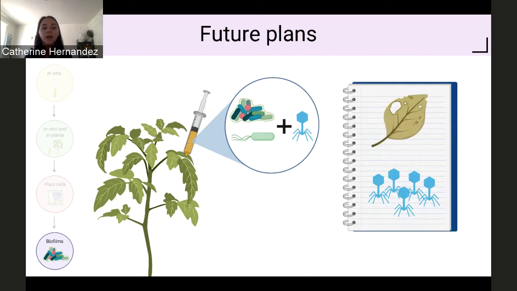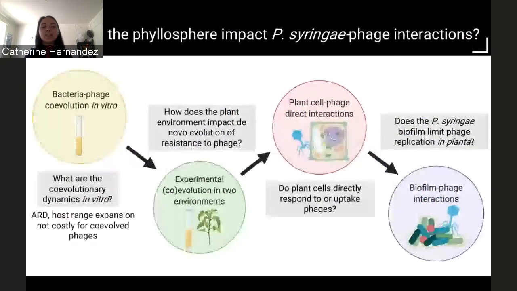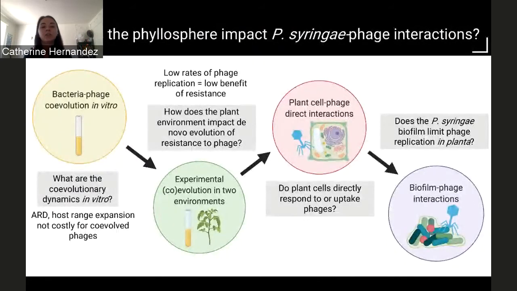Going back to our questions of interest, in terms of coevolutionary dynamics in vitro, it looks like we have arms race dynamics, and our co-evolved phages have expanded their host range, and it doesn't appear to be costly. For our second question, how does the plant environment impact de novo evolution of resistance to phage?